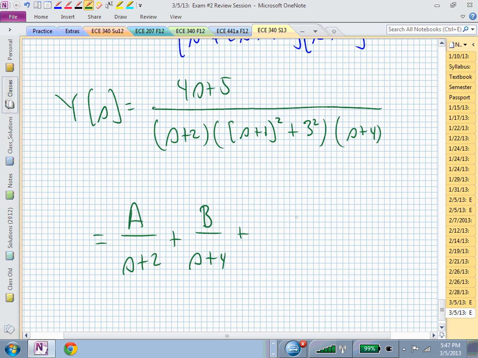You could maybe say, I'm going to do that with complex numbers. I'm going to say that's alpha over s plus 1 minus j3, and then I have a plus alpha star over s plus 1 plus j3.